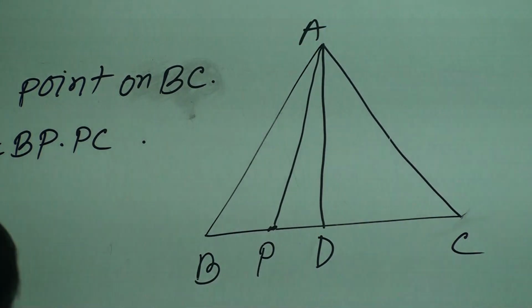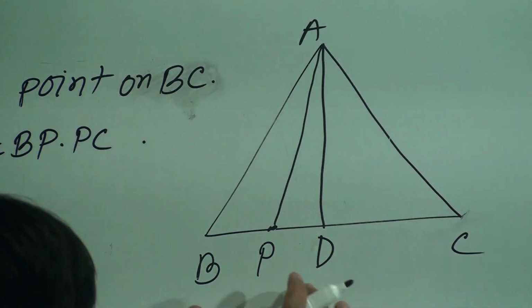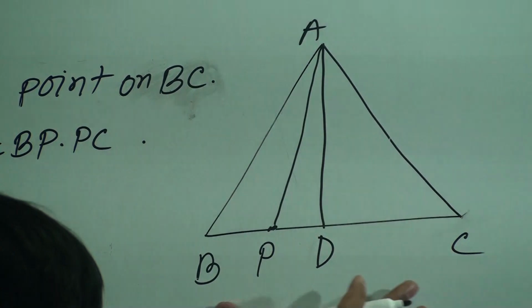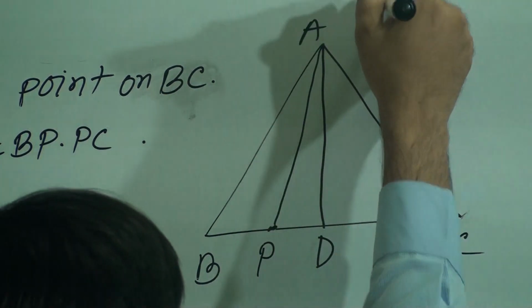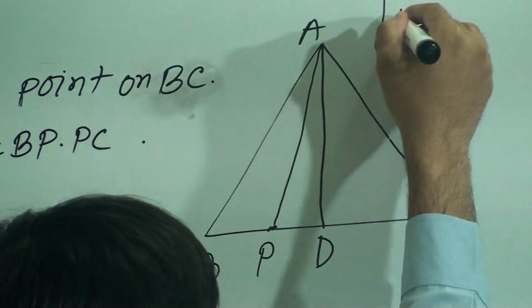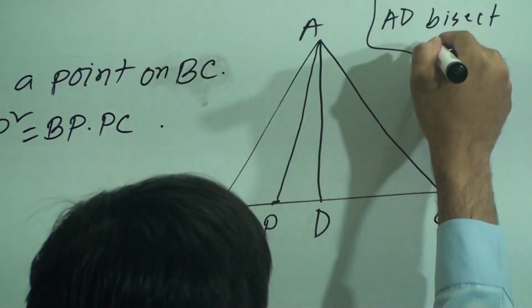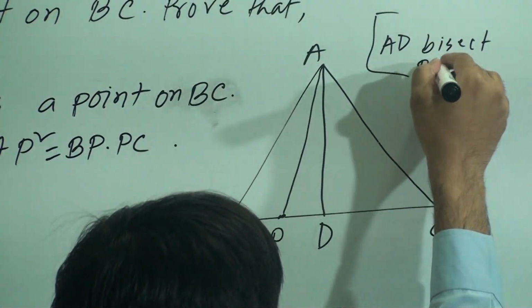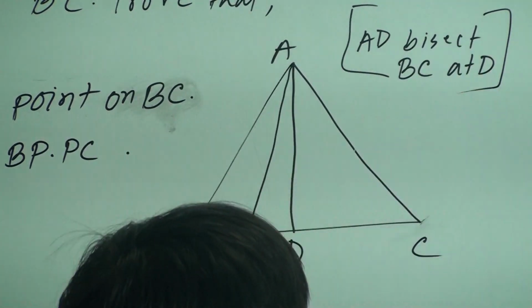So we can say BD equal to CD. We can write the information here: AD bisects BC at D.